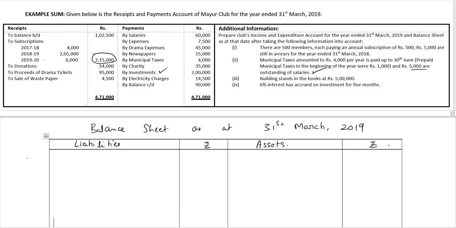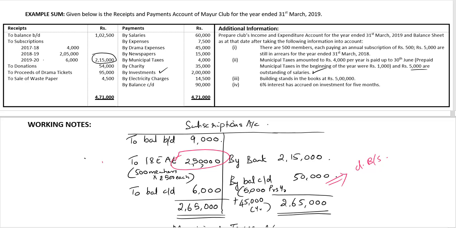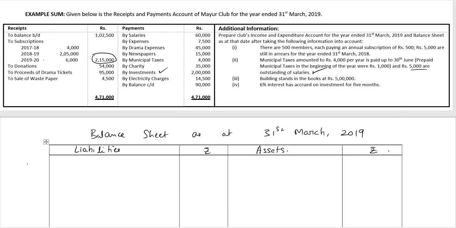From the subscription account, we find out that the closing outstanding subscription to be taken to the closing balance sheet is 50,000 rupees. Outstanding subscriptions, 50,000 rupees.